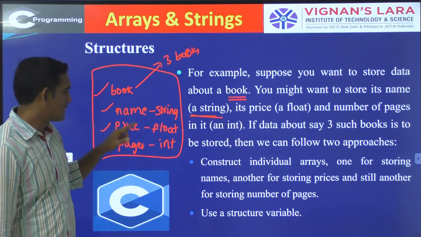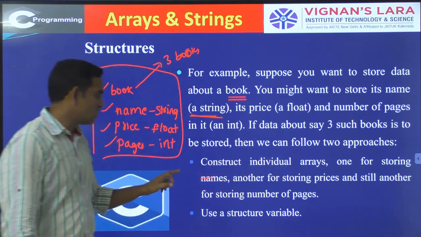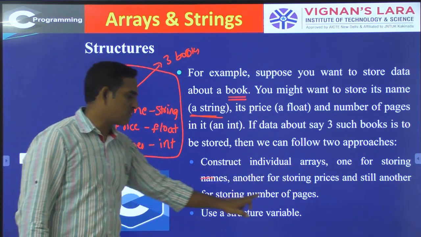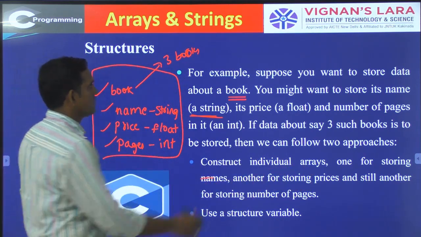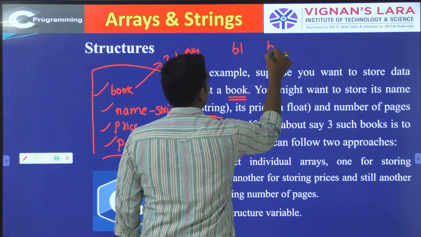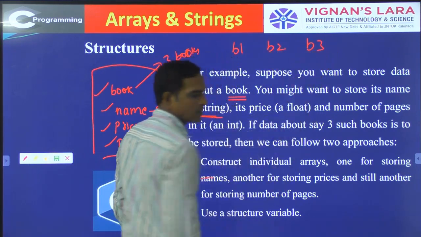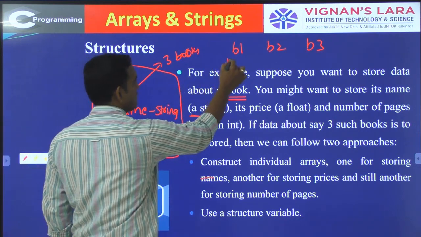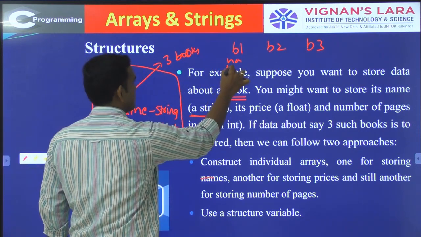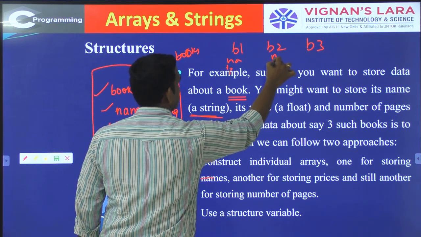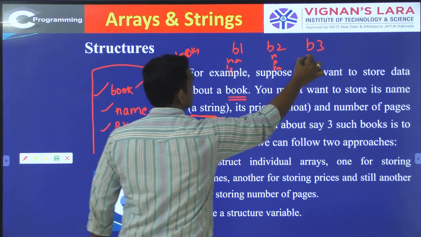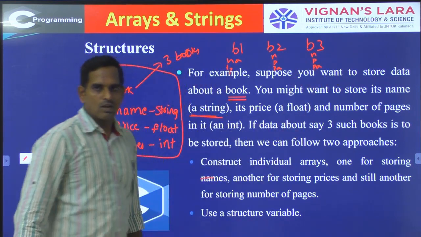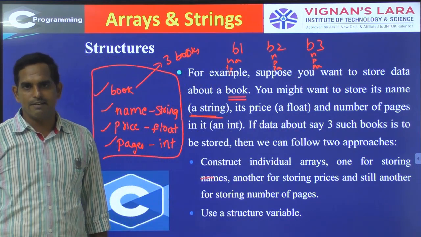One is to construct individual arrays: one for storing names, one for storing prices and another for storing pages. You have book 1, book 2 and book 3. Each book will have a name, price and pages. How to store all these 3 books' information?